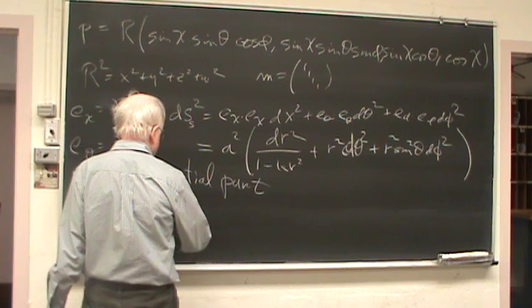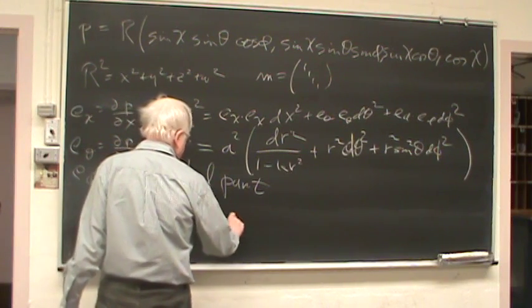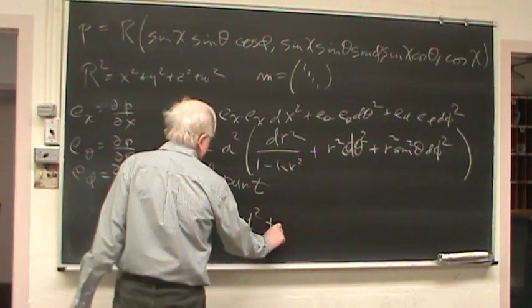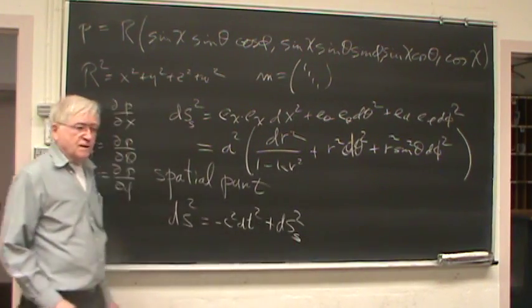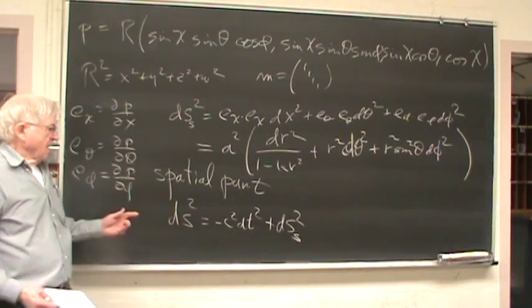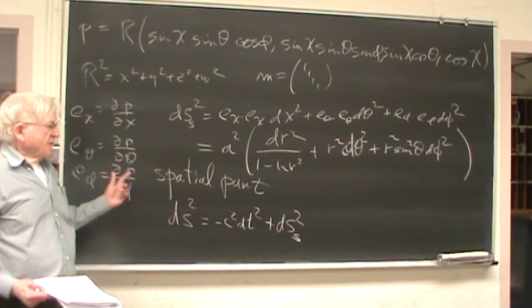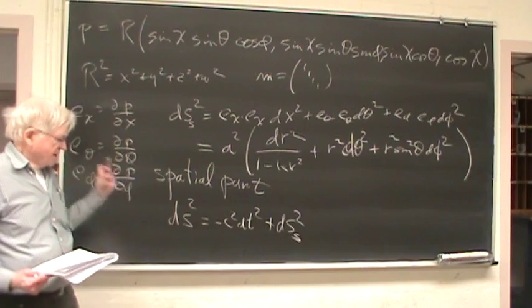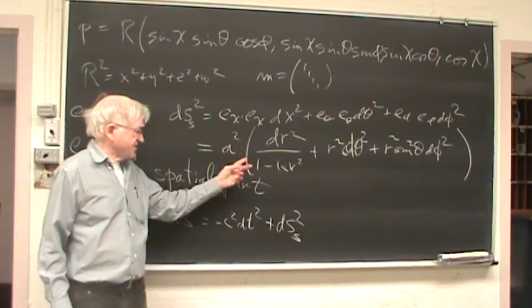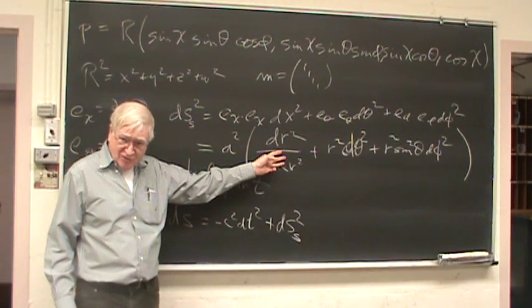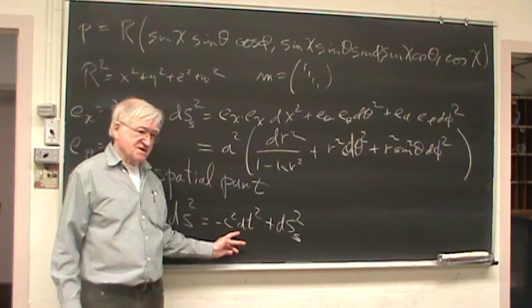The whole ds² is minus c² dt² plus ds²_S. So the Robertson-Walker line element, or distance between points, is of this form: a maximally symmetric three-space together with a simple time.